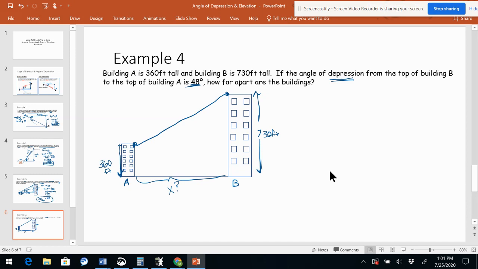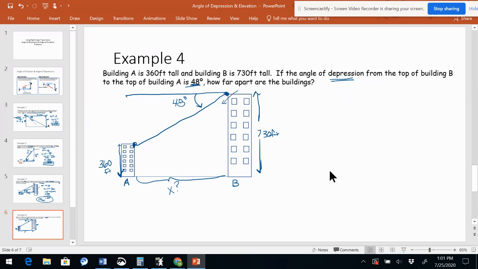My horizontal line always starts at the origin of my line of sight. I'm going to draw that across. Okay, since I'm looking down, my angle of depression is the angle that's formed between this horizontal line down to my line of sight. This is my angle of depression of 48 degrees. Sometimes people want to use this angle as the angle of depression, so be careful of that.